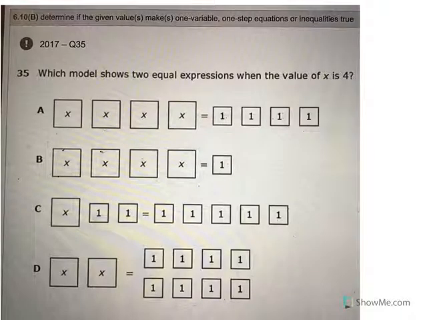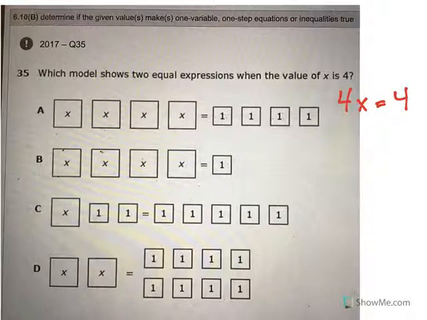Next problem. Which model shows two equal expressions when the value of x is 4? All right. Let's look at A. So first I have 4x equals 4.